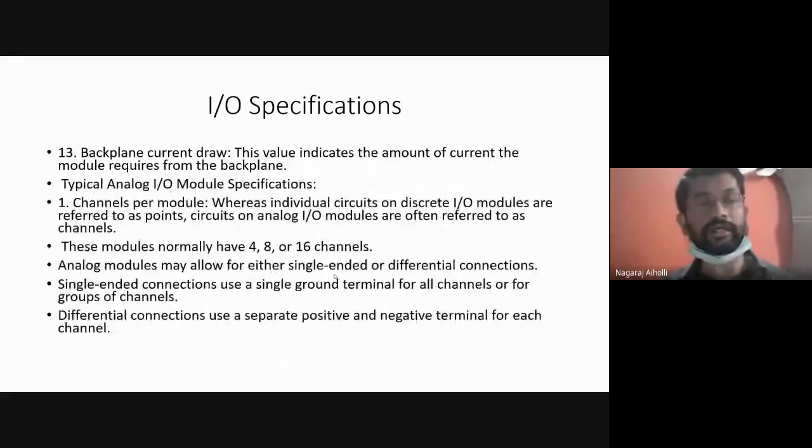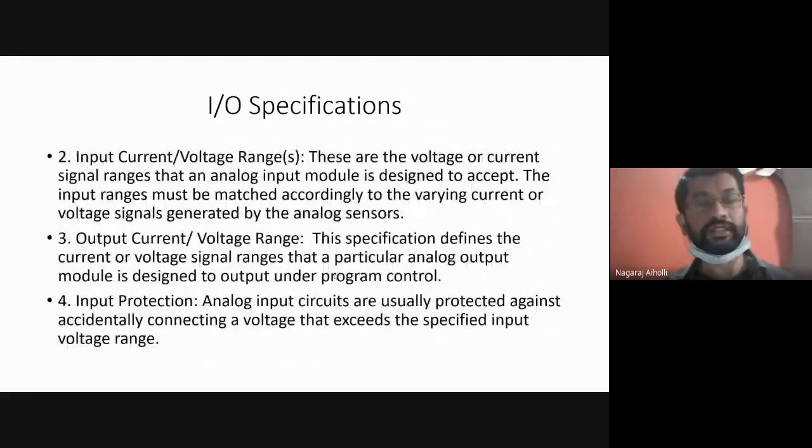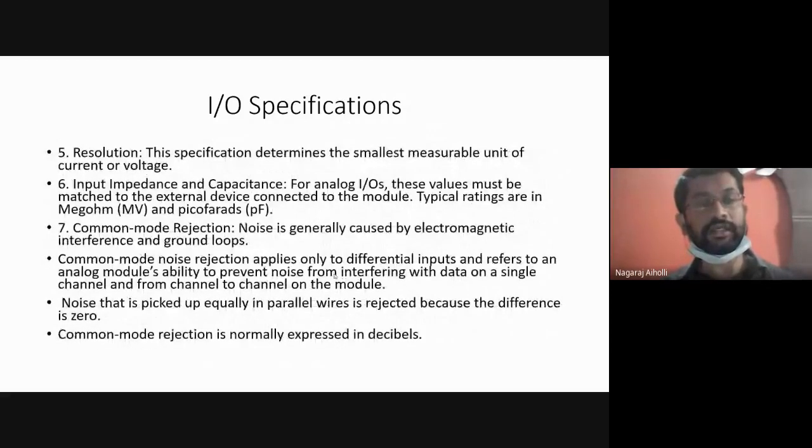For the analog I/O module, the specifications are channels per module, input current or voltage ranges, output current or voltage range, input protection, resolution, input impedance and capacitance, common mode rejection.